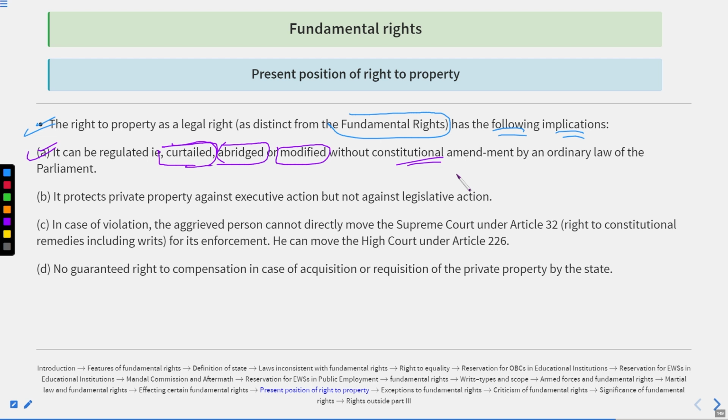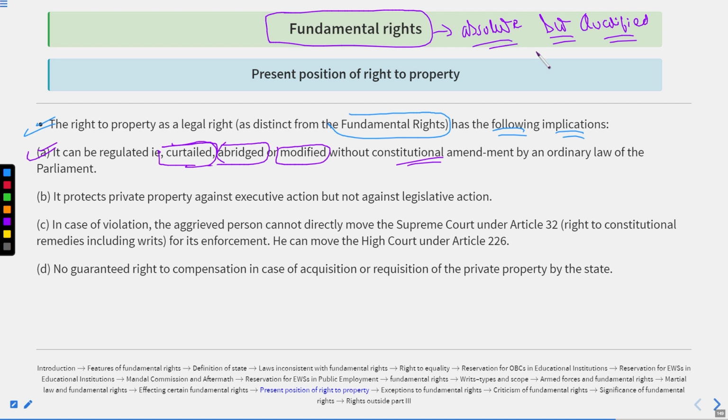Without a constitutional amendment, by an ordinary law of the parliament. Like if we talk about the fundamental rights, we know the fundamental rights are not absolute, but they are qualified. Okay. So basically, these could not be that easily curtailed, abridged, or modified without doing the constitutional amendment.